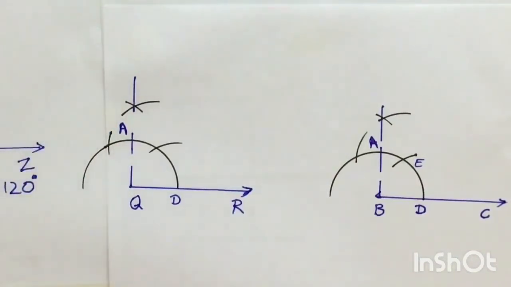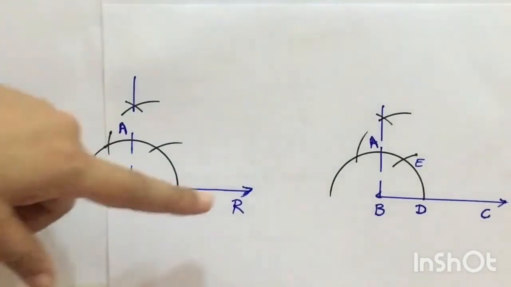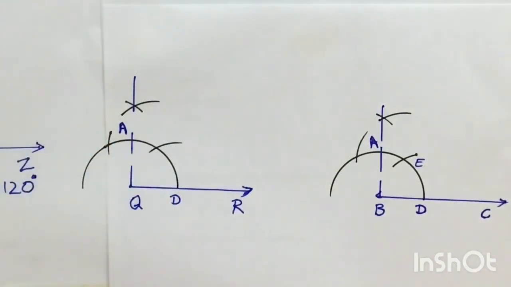Now to get the angle of 45 degrees, I will have to bisect the angle of 90 degrees. For this purpose, I will place the needle of my compass with any width. Now I am changing the size of width, because a 90 degree angle is formed.